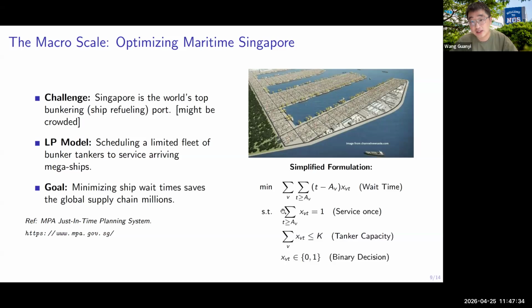If you check the right-hand side, you could see the simplified formulation.